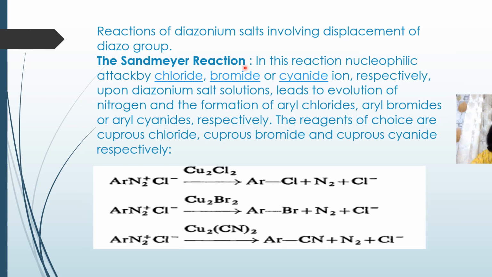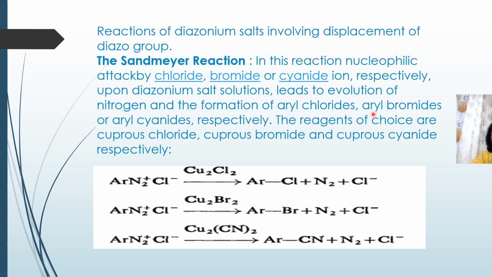Then Sandmeyer's reaction, a very well-known reaction. In this reaction, nucleophilic attack by chloride, bromide, cyanide respectively upon diazonium salts leads to the evolution of nitrogen gas, and chlorobenzene is formed when treated with Cu2Cl2 and HCl.